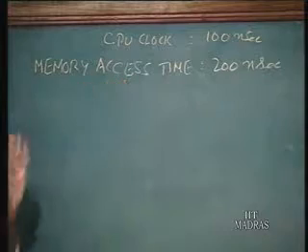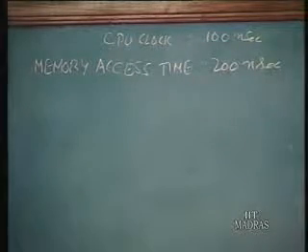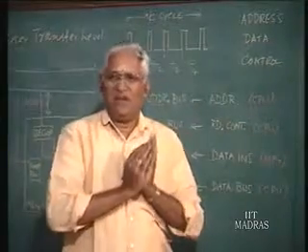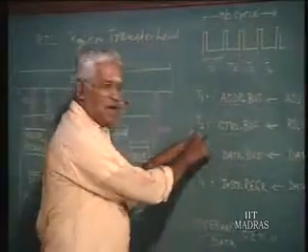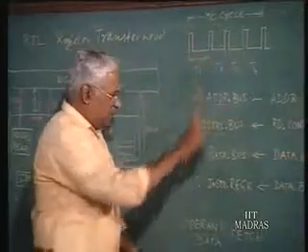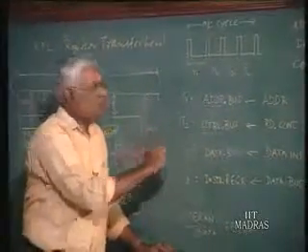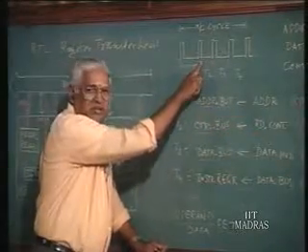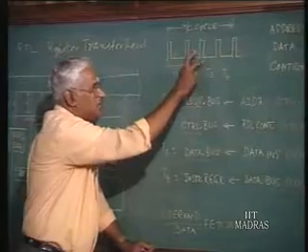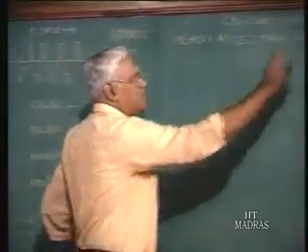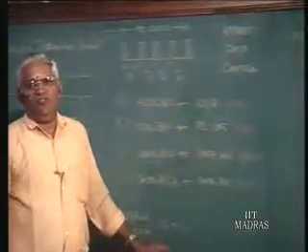If you assume access time means after the memory gets all the information that it needs to prepare the data, which means after T2, then we find that after T2 we have just 100 nanoseconds. That is, during T2 it generates the read signal, and then you have only 100 nanoseconds, and that is not sufficient for a slow memory.